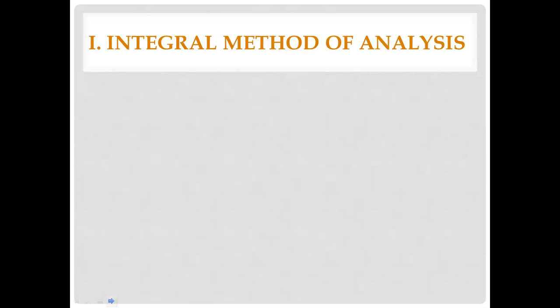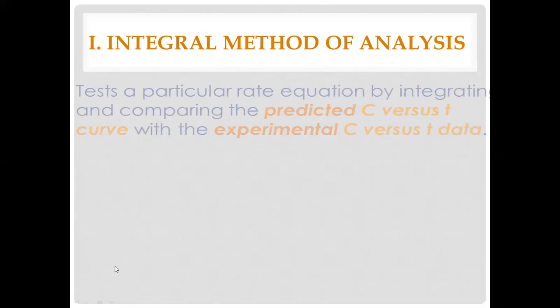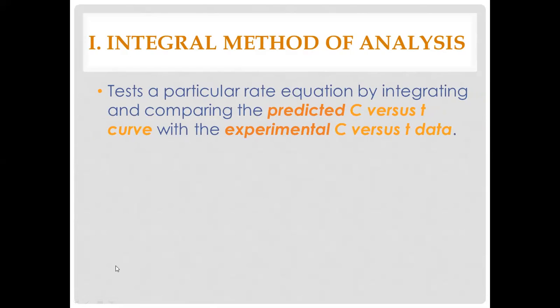So two groups, constant volume and variable volume, and for each of these groups, we will have integral method and differential method of analysis. Now, what concerns the integral method of analysis? This tests a particular rate equation by integrating and comparing the predicted C versus T curve with the experimental C versus T data.